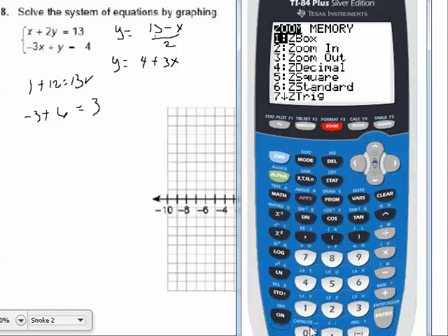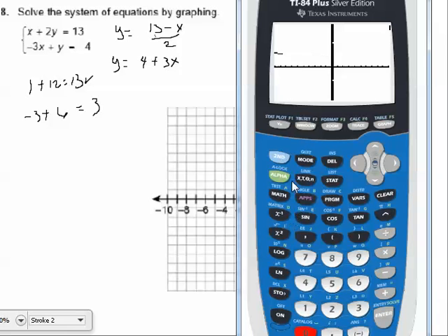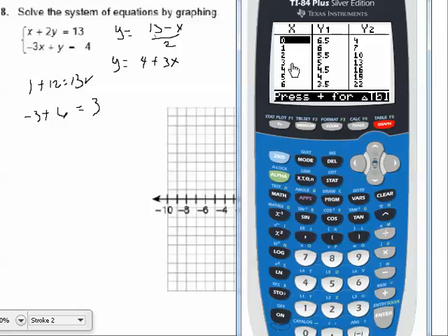And I'm going to do a second graph to look at the table. And at 1, they're not quite at the same spot, are they? So maybe it's not at 1, 6.